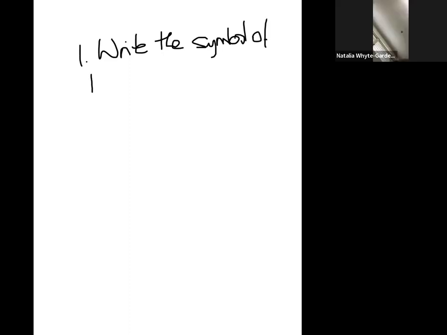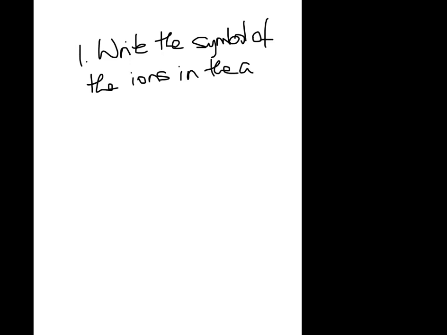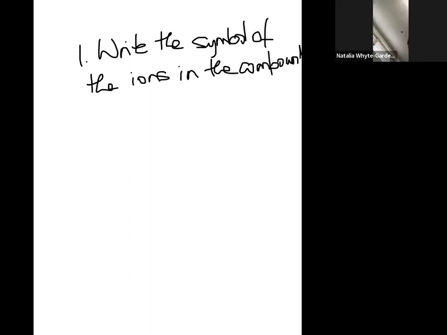So when you write the formula for an ionic compound, the first step is to write the symbol of the ions in the compound. Clear? That's step one. Everybody has to write step number one.